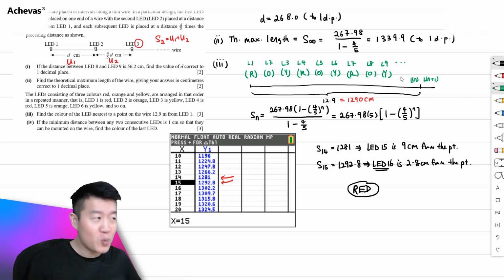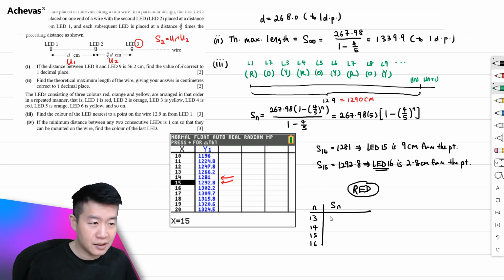Okay, so one way that we can present our table is like this. Presentation wise, I think we can do N, and we do S N. So I know 14 and 15 is what I want, so I'm going to quote 13, 14, 15, 16.